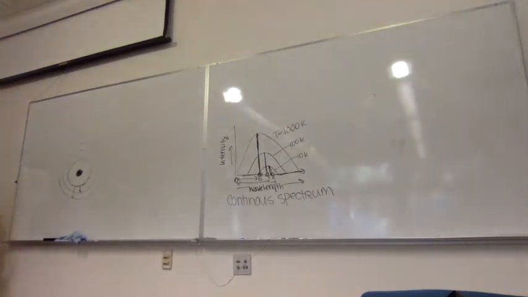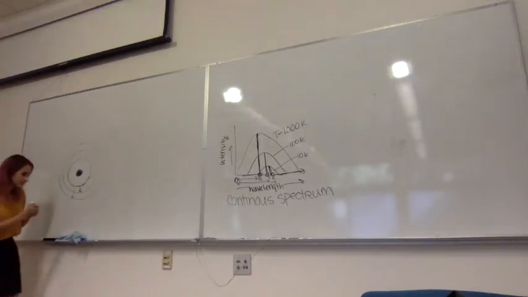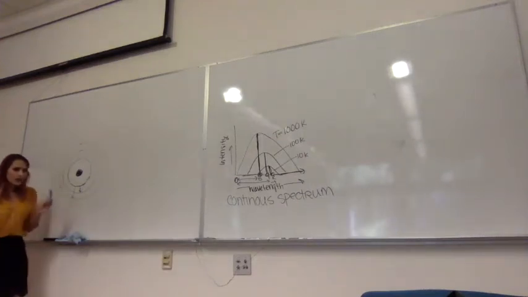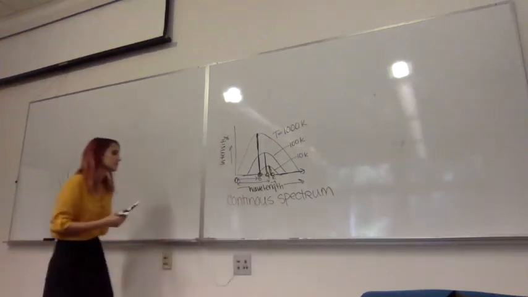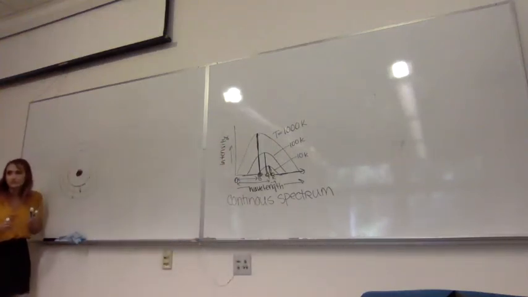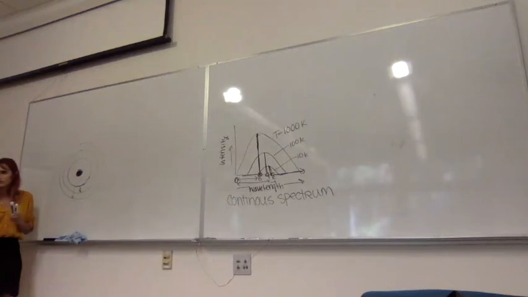Each different color has a different energy, right? It's got a different wavelength and different frequency, which means a different energy. Does that literally correspond to photons with higher energy?